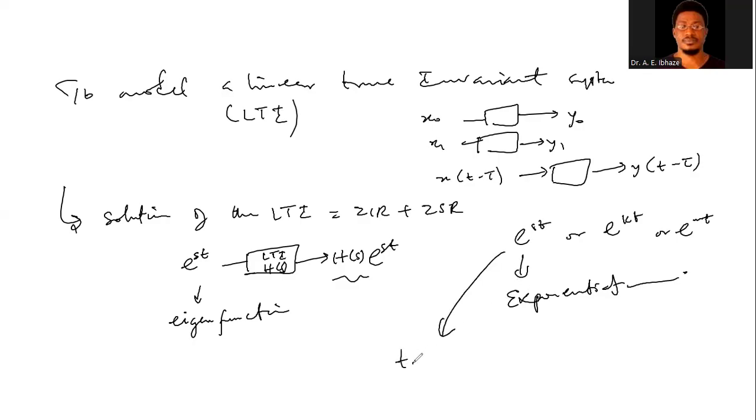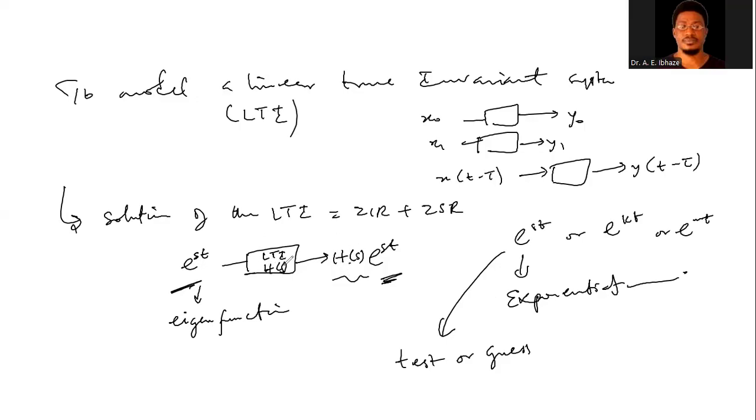So I'm going to be using this as a test or guess signal, since its derivative is the same as the exponential signal, only that it's usually scaled by either s or k or whatsoever the parameter may be. And you see that what we have in the input is what we have in the output, only that it is scaled by the parameter of the system.